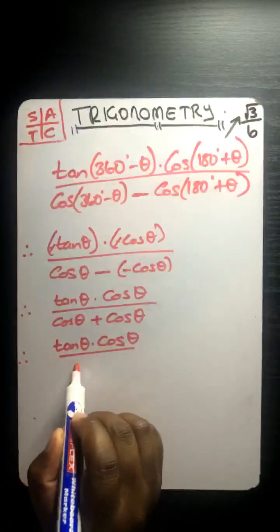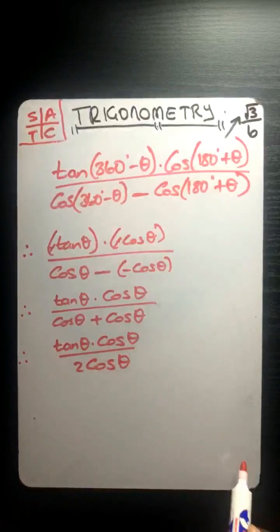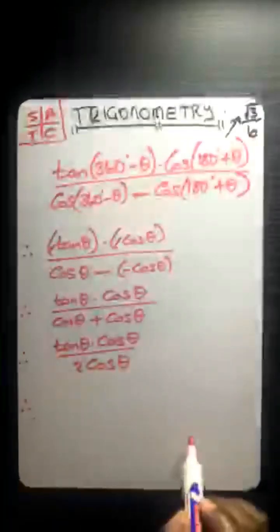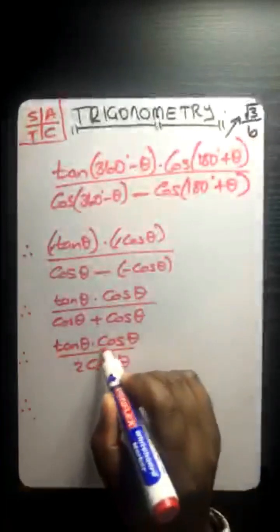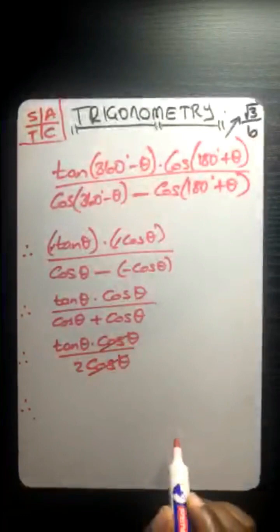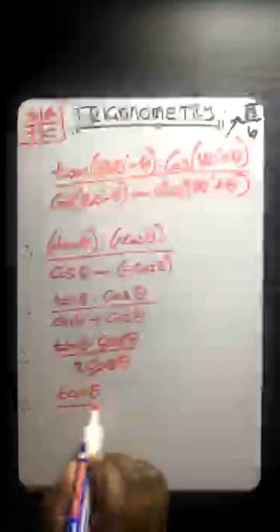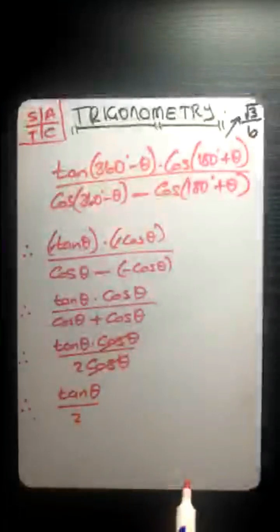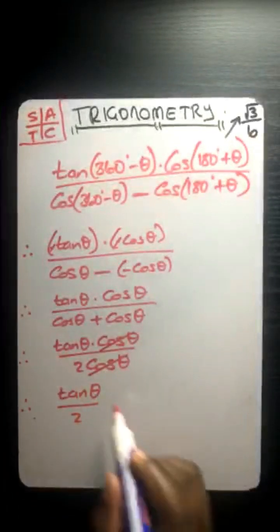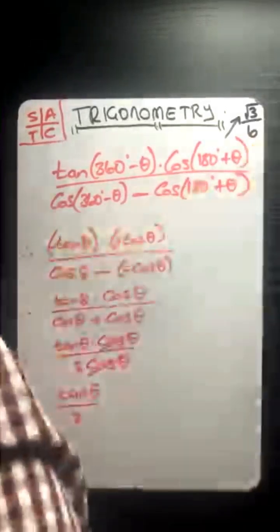So that means we are actually having 2 cos of an angle there. So can you see what happens, honorable member? It seems like that cancels with that. And by the look of things, you end up having tan of the angle divided by 2. So let's now try to punch that one and see if it's going to give us that one there.